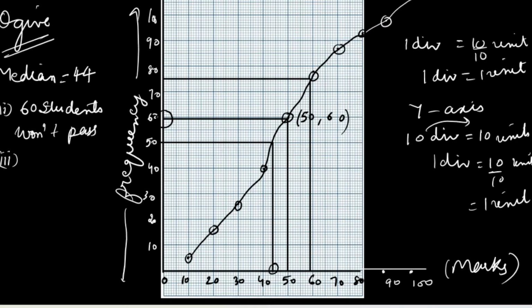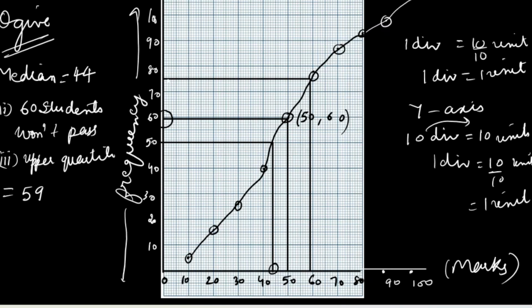So at which point is it meeting the x-axis? For me, it is like 59. So the upper quartile I am getting is equal to 59.